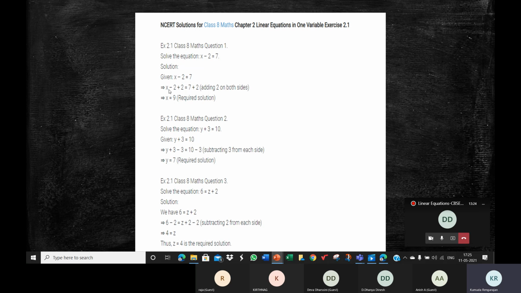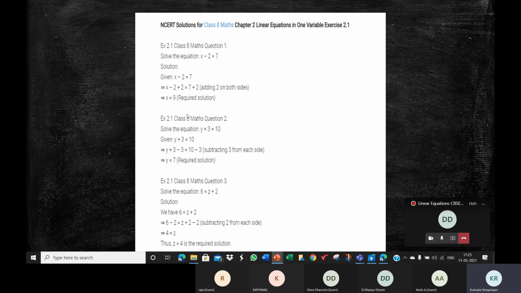So write all that you see in the left hand side, x minus 2. And how will you get rid of minus 2? If you add 2 to the LHS, minus 2 plus 2 is 0. But because we're dealing with equations, whatever you do, you must do it on both the sides. When you add 2, you must add 2 to both the sides, that is the LHS and the RHS.